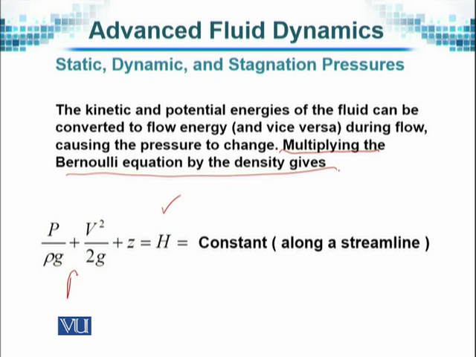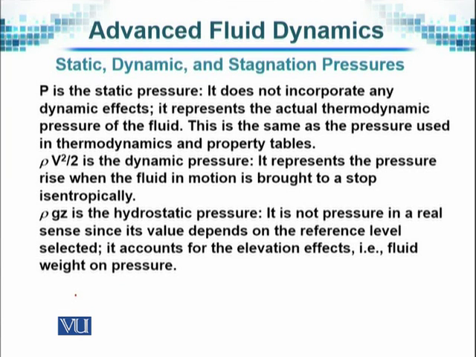So this will be P over g plus V square over 2g into rho plus rho Z, and this will still be equal to a constant because rho is a constant. So when we multiply by rho, the terms that remain will be P over g, rho V square by 2g, plus rho Z equal to H, and that is why they are talking about P and there is no rho here.